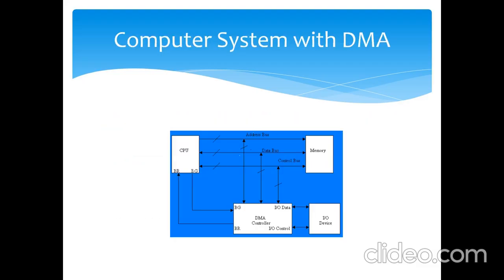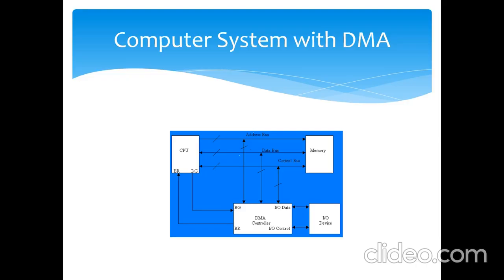This diagram shows a computer system with DMA. The DMA controller has bus grant, bus request, input and output data, and input and output control. There are three buses to transfer the data: address bus, data bus, and control bus. The CPU transfers the address bus to the memory, and the CPU transfers the data bus to the memory, and vice versa.